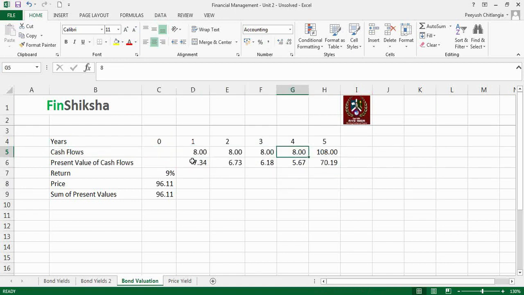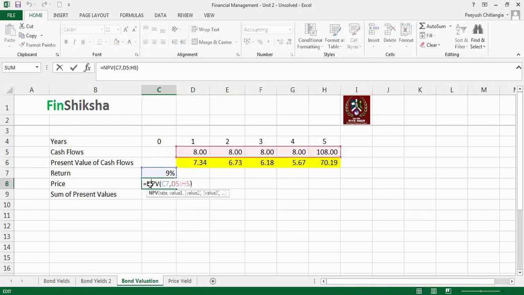Let's format all these. That's what we were trying to do. The cash flows were fixed. We defined what the cash flows were. We defined what our expected rate of return was. And once we define that and we find the present values, we can add up all the present values, and that gives us this value. Mathematically, the NPV function also gives us the same value at the same return.